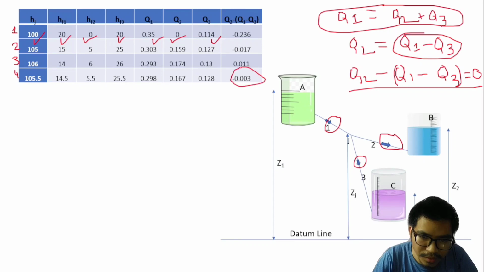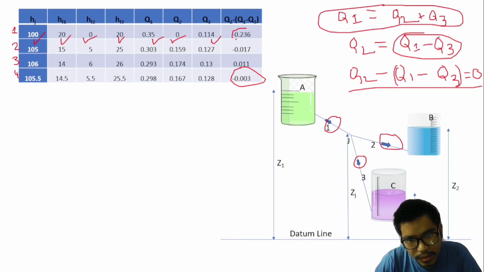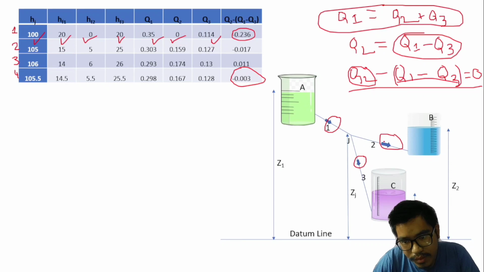Here Q2 minus (Q1 minus Q3) is negative. That means Q2 is less than Q1 minus Q3. So to make it 0, we have to increase Q2. To increase Q2, we have to increase the head at junction J. So we increase it to 105.